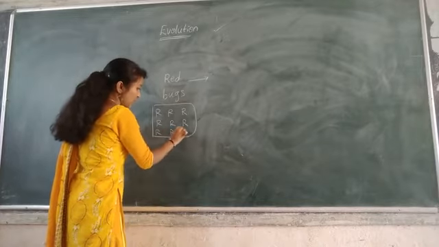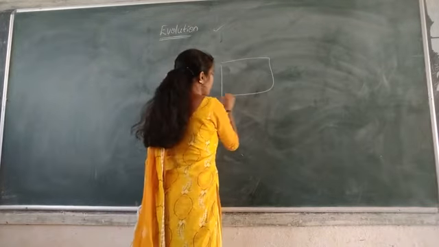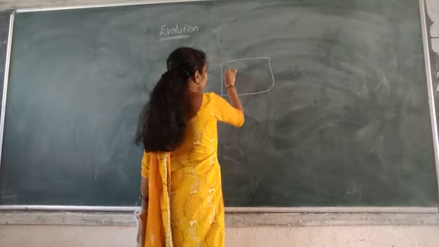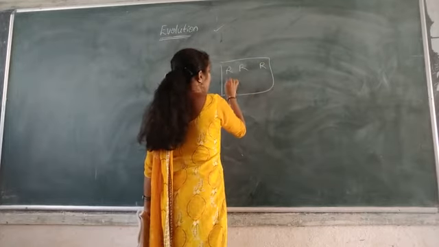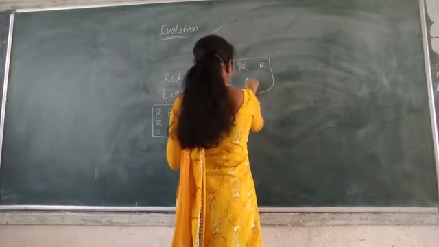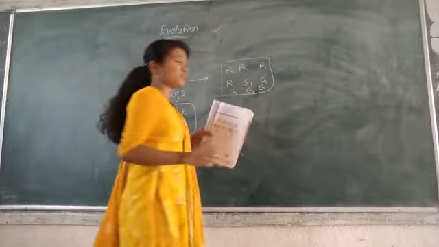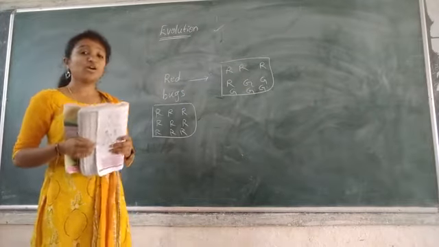Only red color, and in the next generation due to the variations we get some green bees even. Okay, so this is because of the variation.